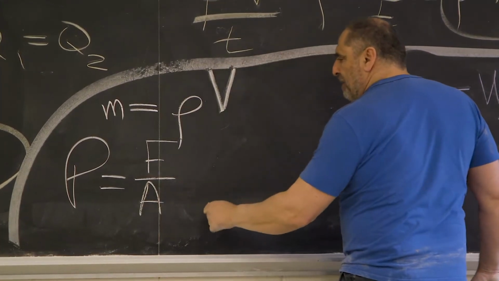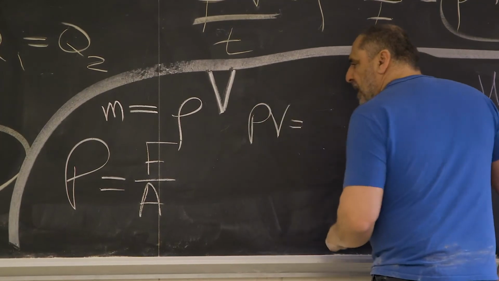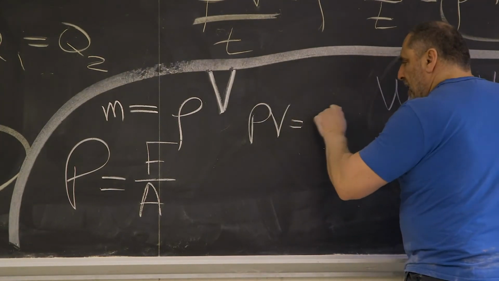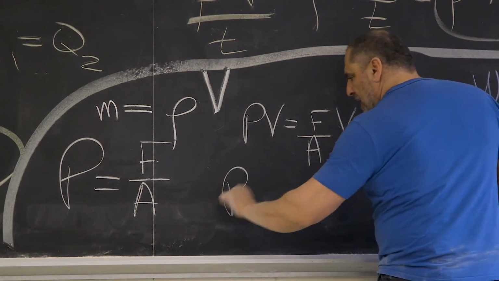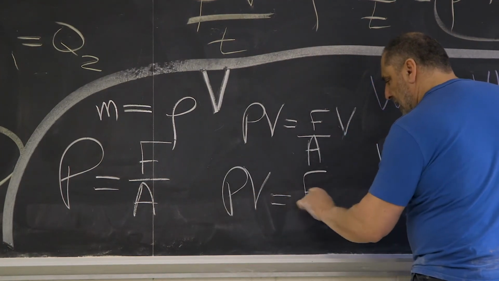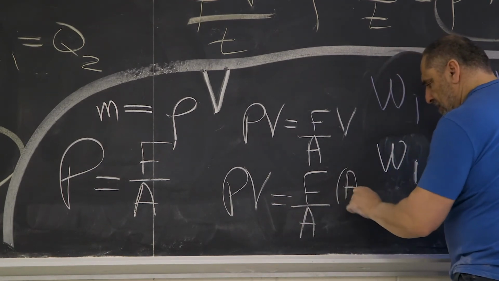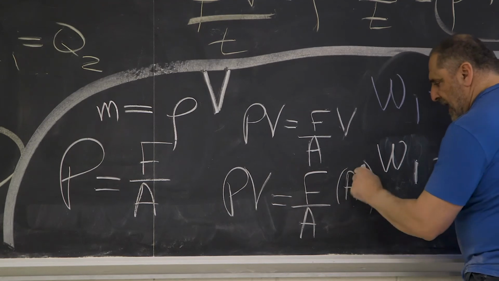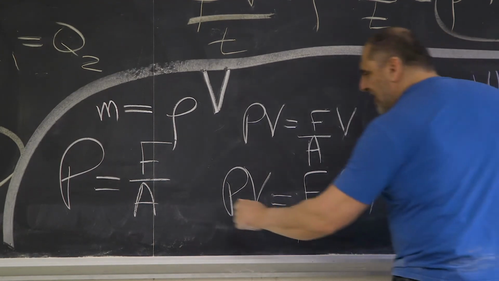If you multiply it by volume, you got this right here. The A's cancel, you got F times L. F times L, that's work.